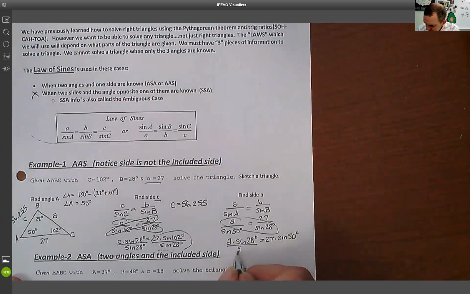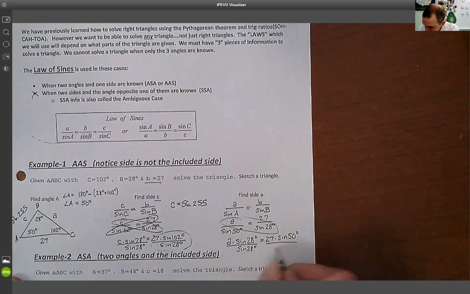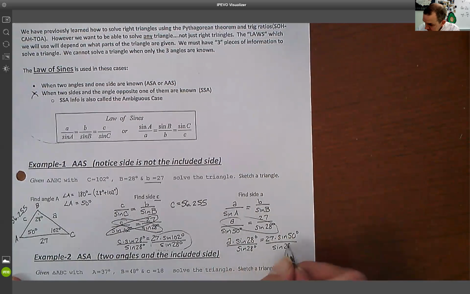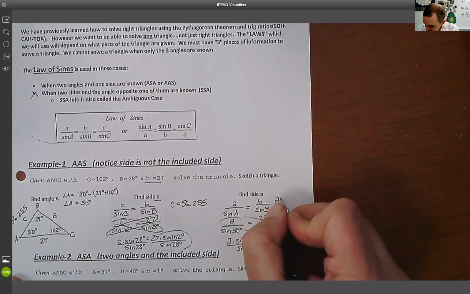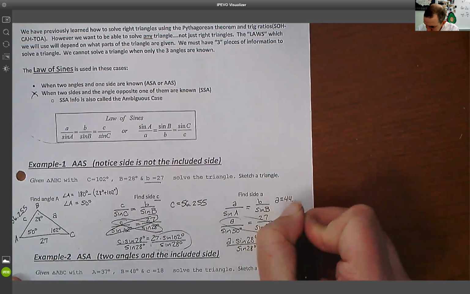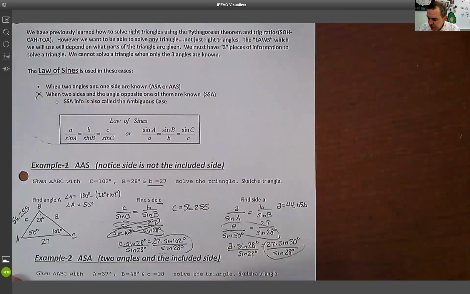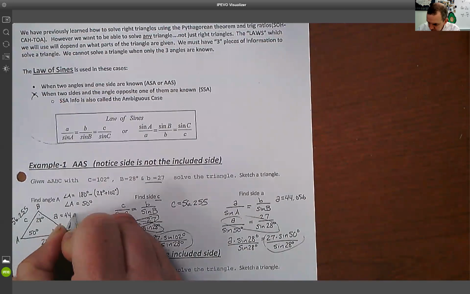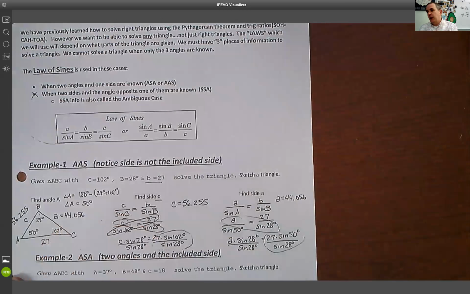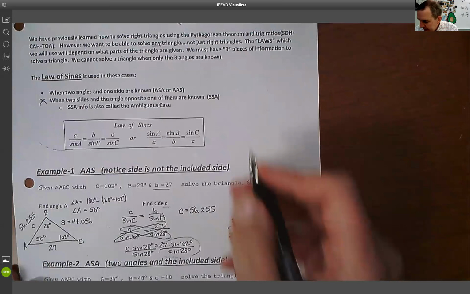Divide both sides by sine of 28 degrees. Go to my calculator, type that whole thing in, and I'm going to find out that A equals 44.056. So I know that this side is equal to 44.056.